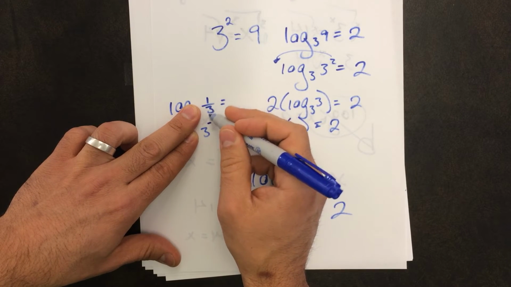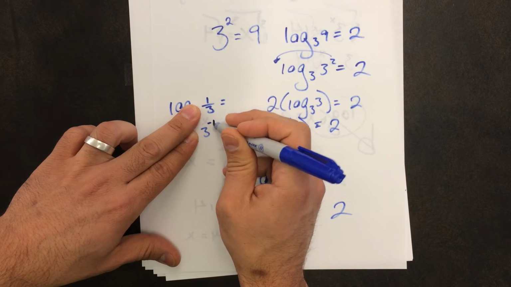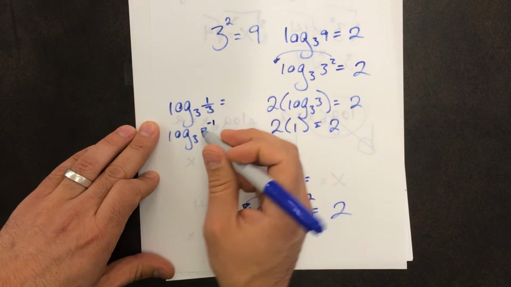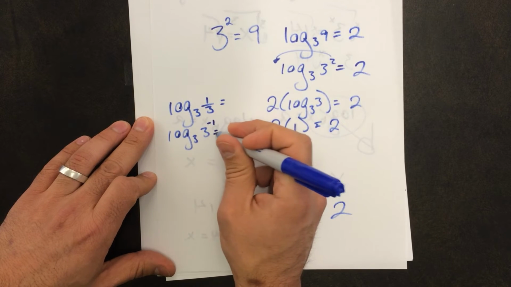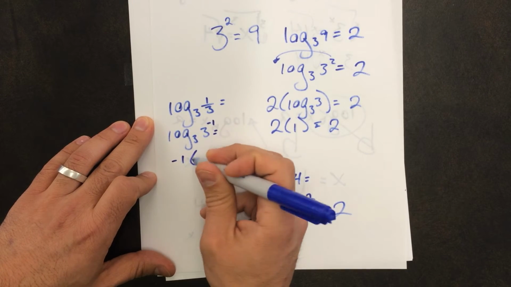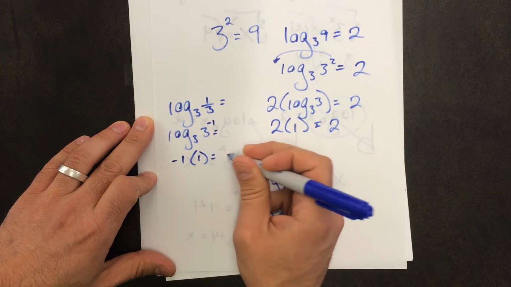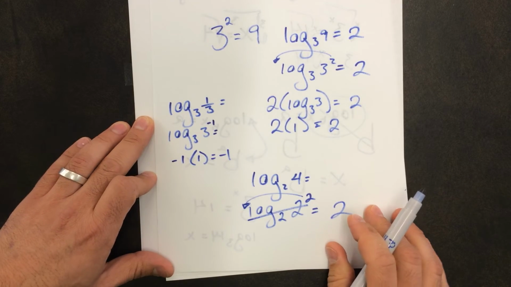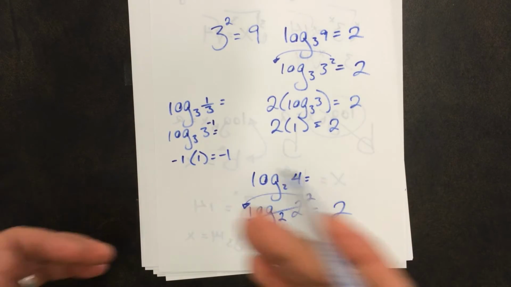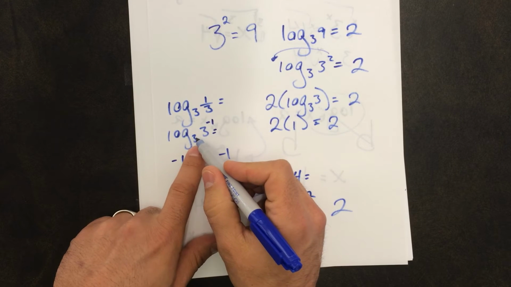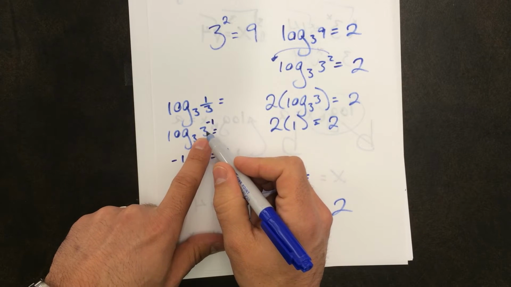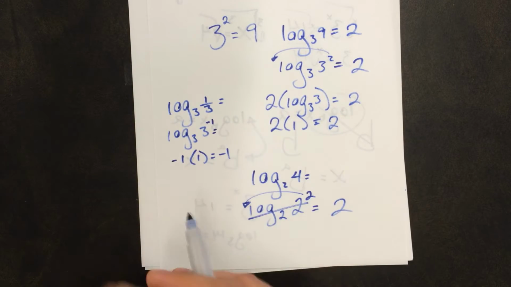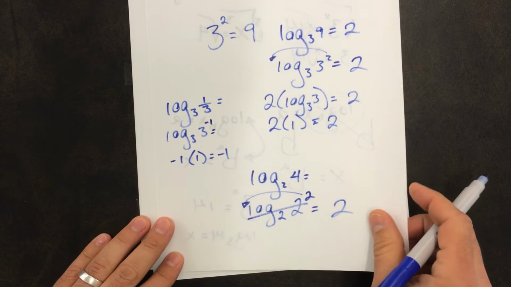And this is 3 to the power of positive 1, so it's going to be negative 1 right here. This negative 1 moves to the front, and this whole thing becomes 1. So it's negative 1. Realistically, what you can think of is, when you have the same base as what you're taking the log of, the answer is just the exponent. Hopefully that kind of makes sense, okay?